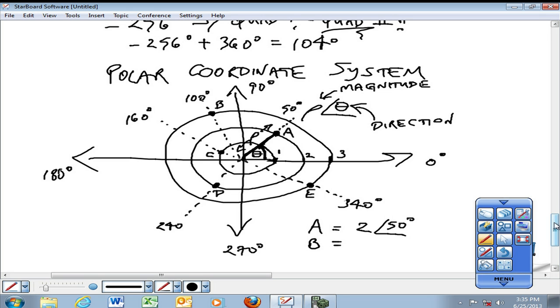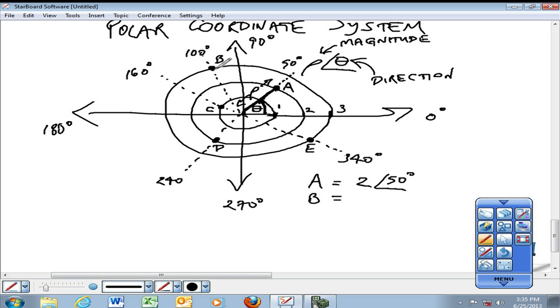Okay, let's work on B. The magnitude of B is 1, 2, 3, and its angle is 100 degrees. C: the magnitude and direction of this one is the distance out, that's the magnitude, 1, and its angle is 160 degrees. Make sense?